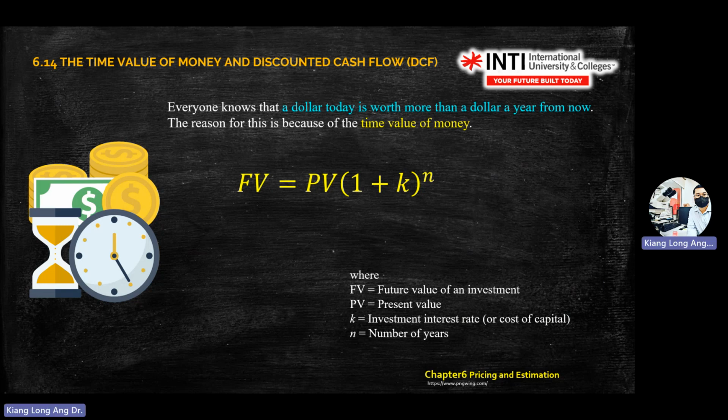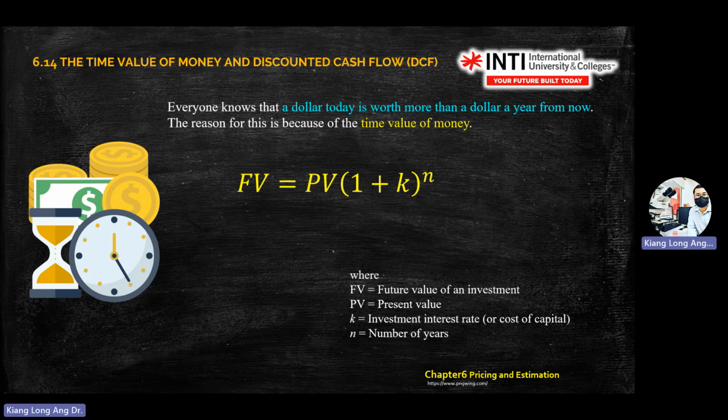So if test 2 or assignment, your final exam comes out, please write this equation and then explain what is FV, PV, what is K, what is N. Don't just write this equation without explanation.